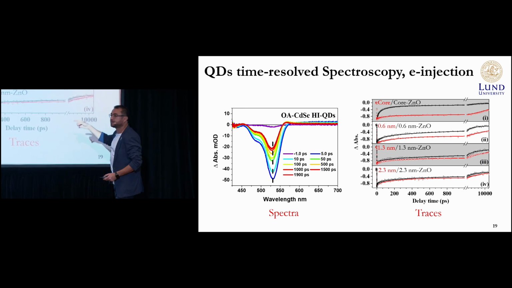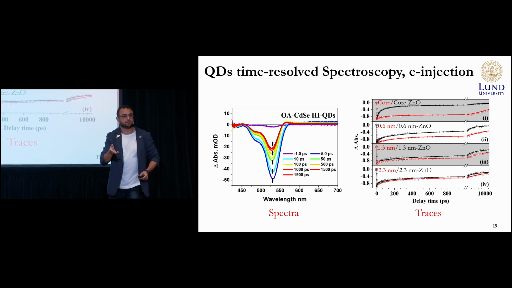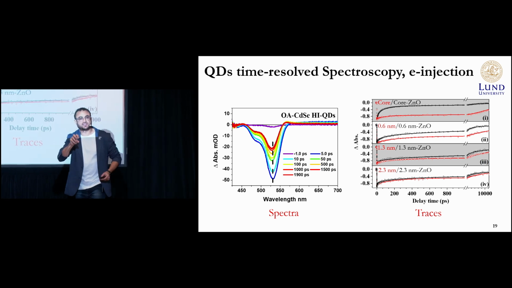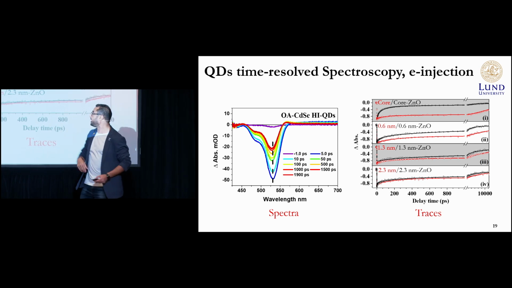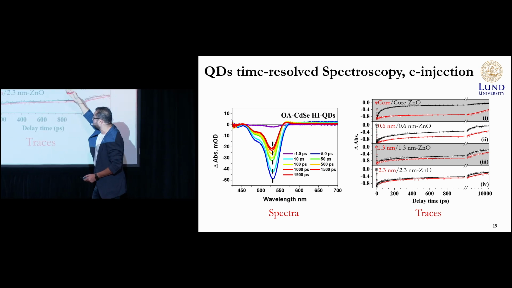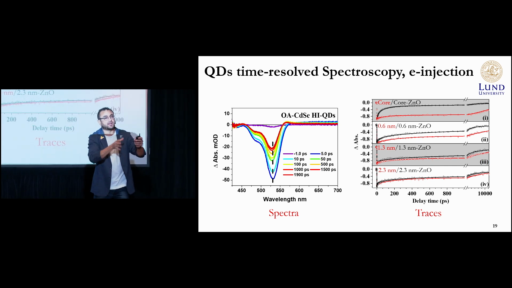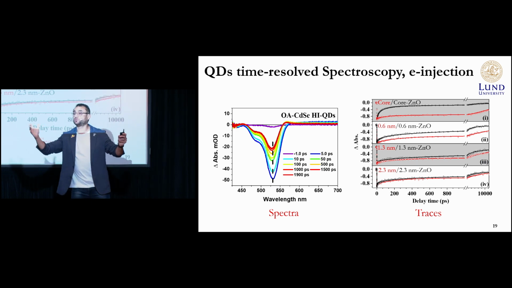And if you compare easily, you'll find there is faster bleach recovery, which means that electrons are now transferred from the quantum dot into the zinc oxide conduction band. And of course, there is a dependence on the shell thickness. Which is the optimal shell thickness, or the distance from the quantum dot to zinc oxide?